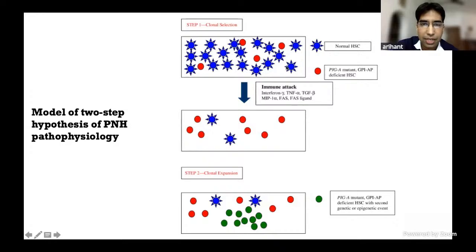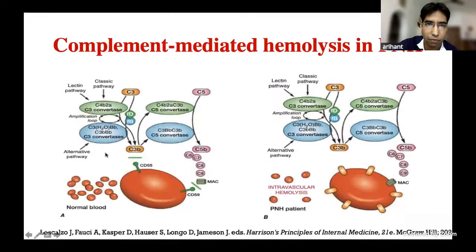Whenever there is an immune attack, the normal cells that have this GPI anchor protein get recognized, damaged, and destroyed. However, these mutant clones evade the immune attack, and finally they clonally expand, and over time they may acquire further mutations. This is the two-step hypothesis model of PNH pathophysiology.